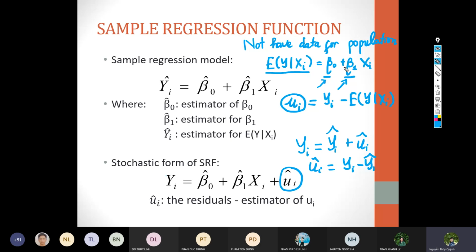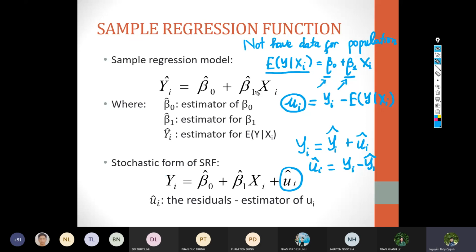But for beta 0 hat and beta 1 hat, you can calculate them using mathematical tools, because we have all the data of the sample, and based on those observations, you can calculate the exact value of beta 0 hat and beta 1 hat.